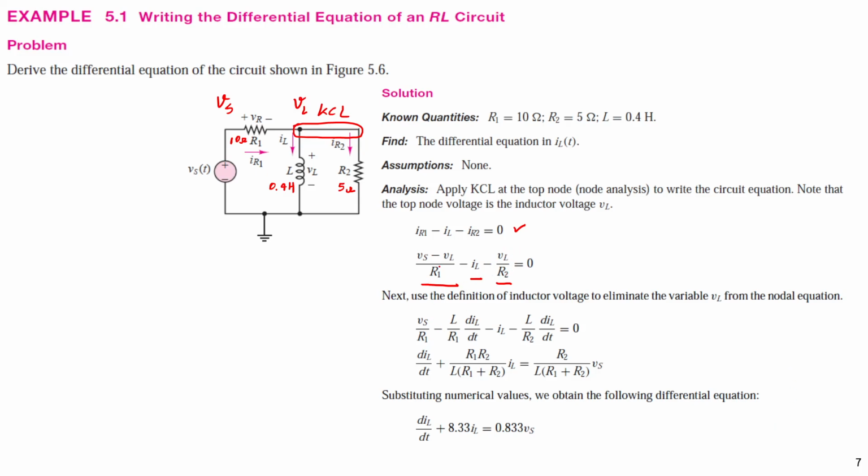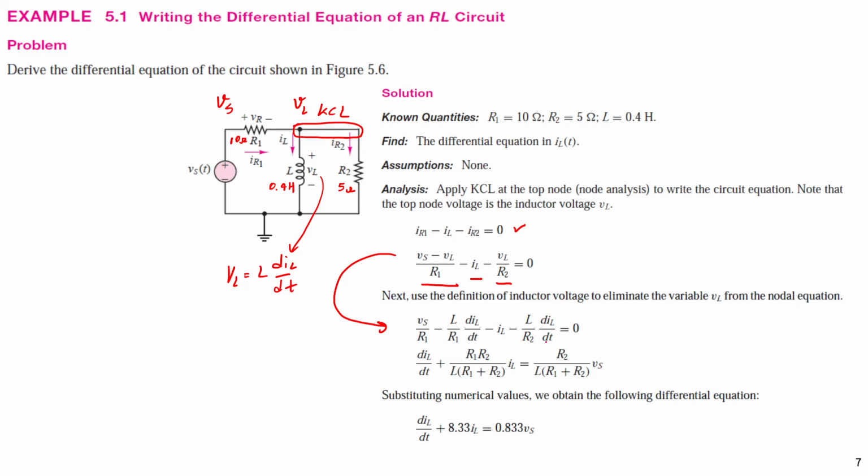So we rearrange this equation: Vs by R1, and VL is L dIL by dt, right here. So VL will be L dI by dt, minus IL, and VL is L dI by dt divided by R2.